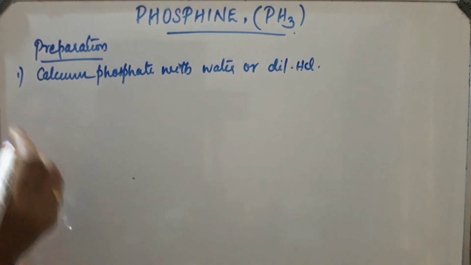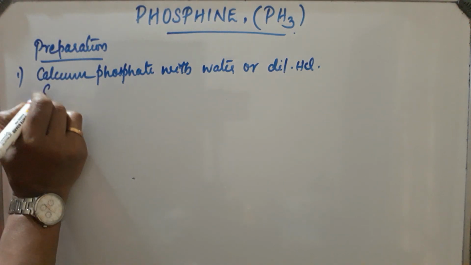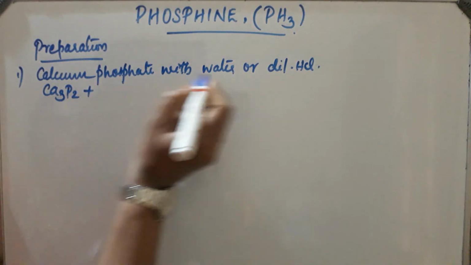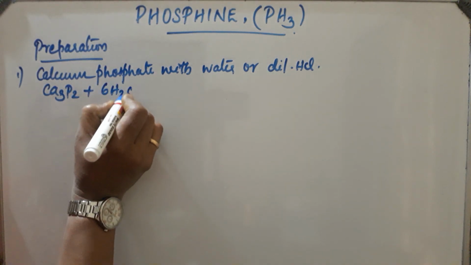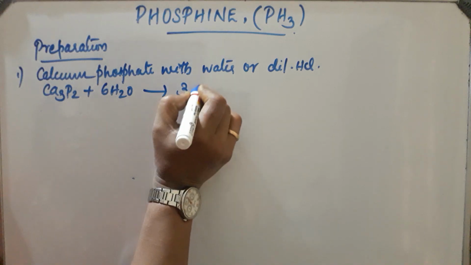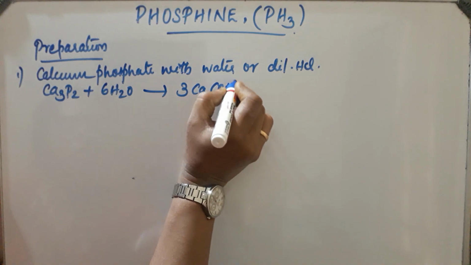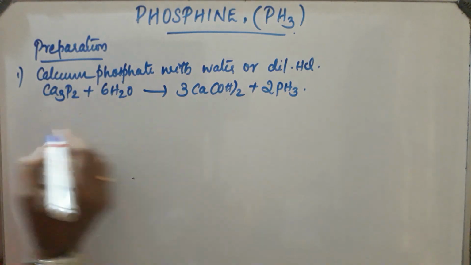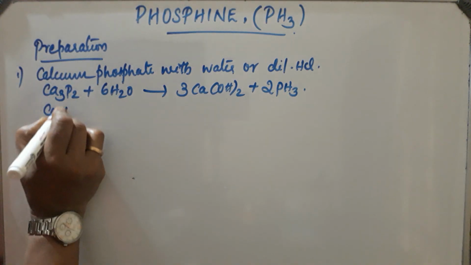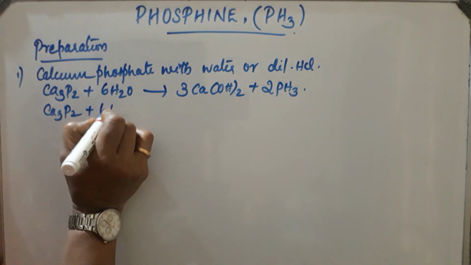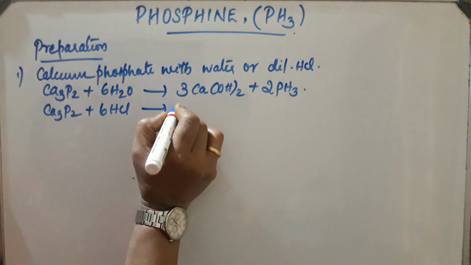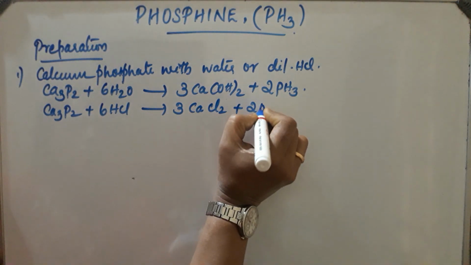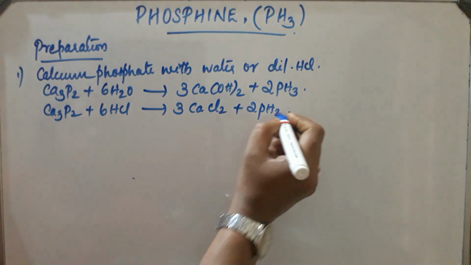How can we obtain it? Calcium phosphide, Ca3P2, plus water gives calcium hydroxide and phosphine. Now, calcium phosphide with HCl gives CaCl2 plus phosphine. That is the first method of preparation.